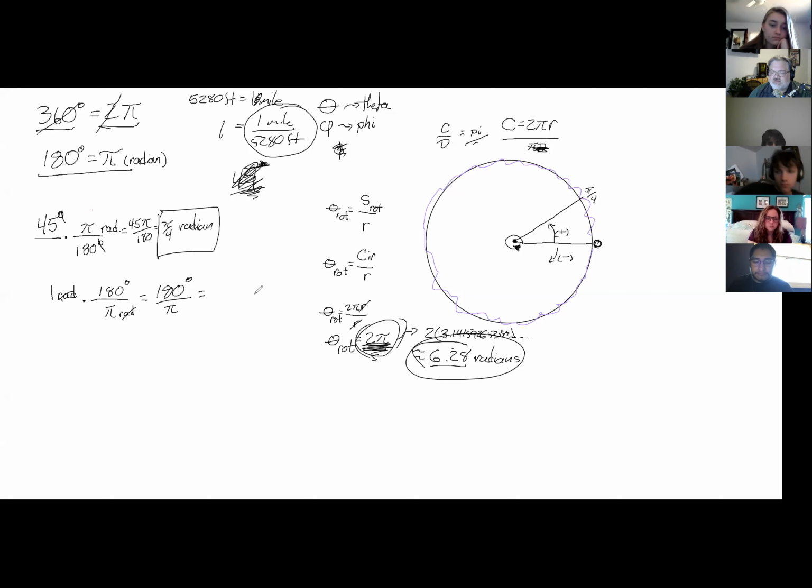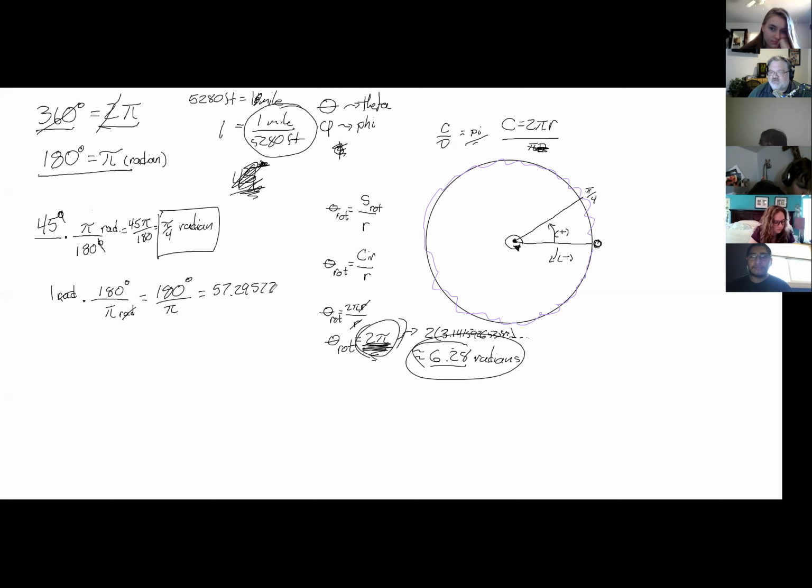Tell us what that measure is. I know about what it is, but I don't always remember all the decimals. It's like 57 something, I think. Oh, there we go. 57.29577, and so on.